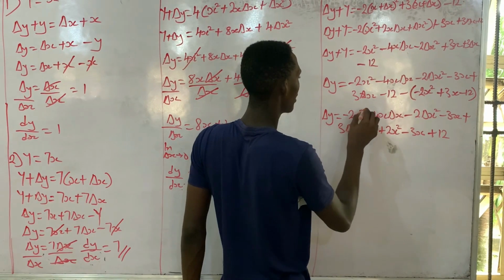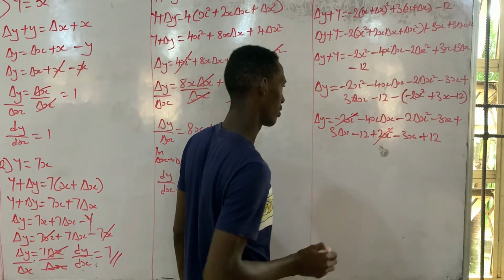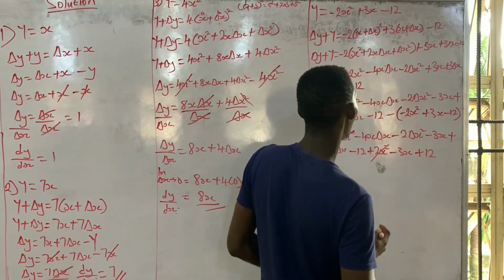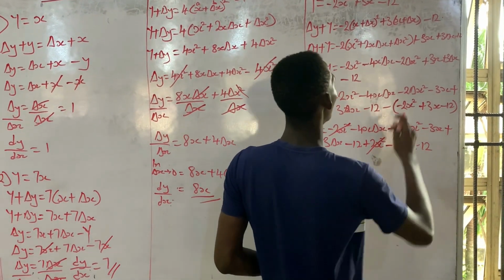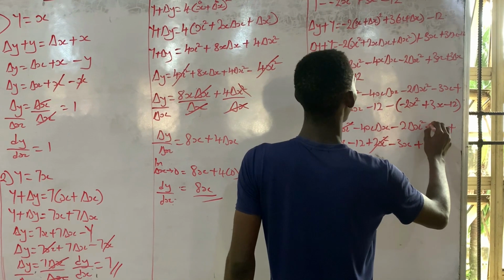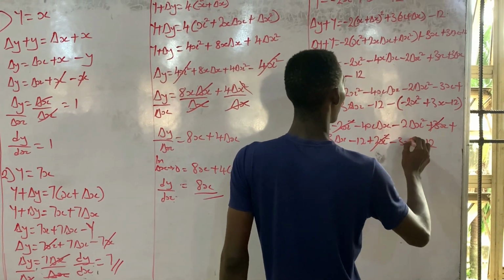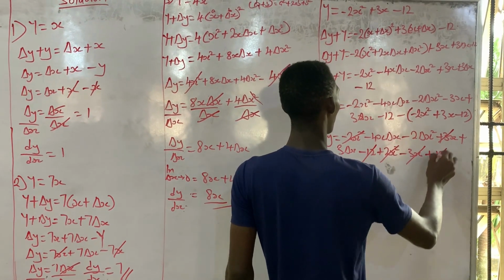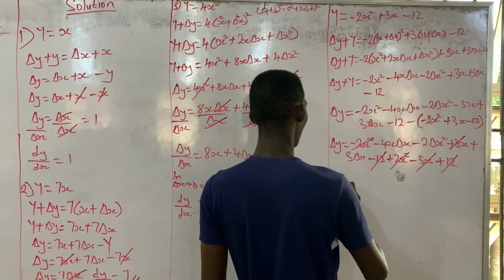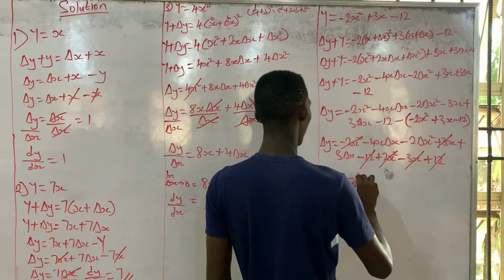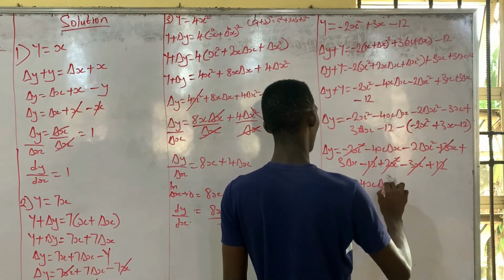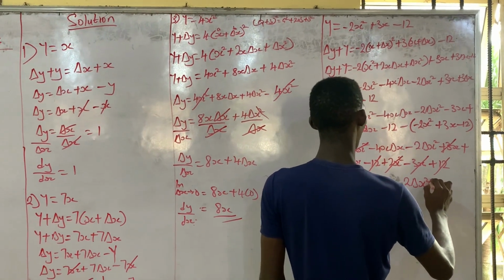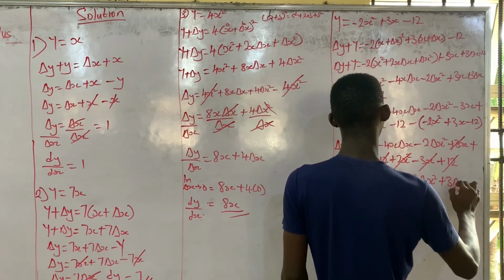This minus 2x squared here will cancel this 2x squared here. Sorry, this is plus. Our plus 3x here will cancel minus 3x. And our minus 12 here will cancel our plus 12. So our change in y is equals to what? Minus 4x change in x minus 2 change in x squared plus 3 change in x.